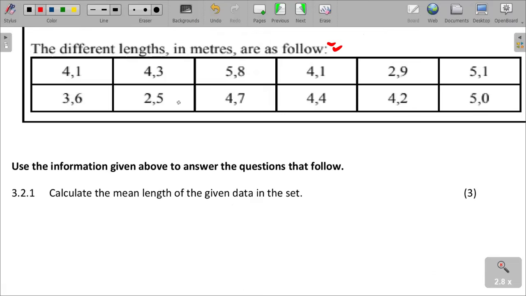The first question is saying, calculate the mean length of the given data set.